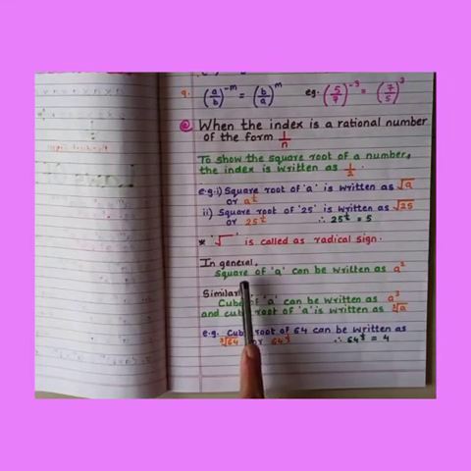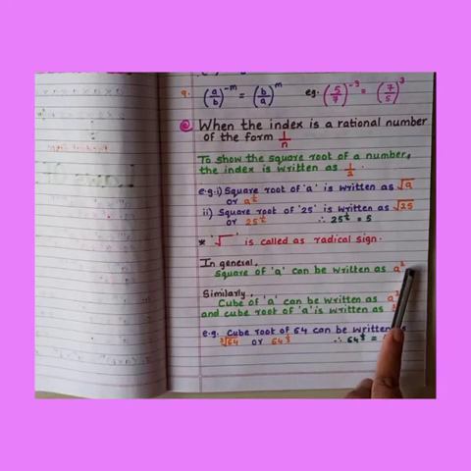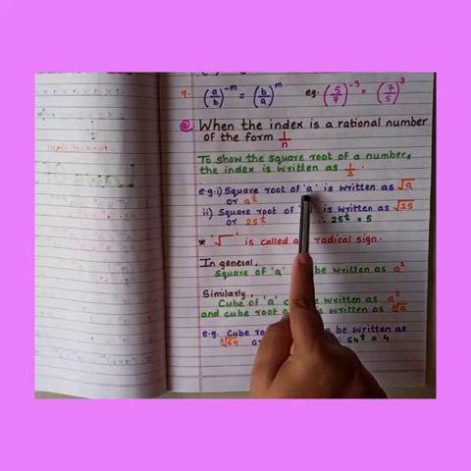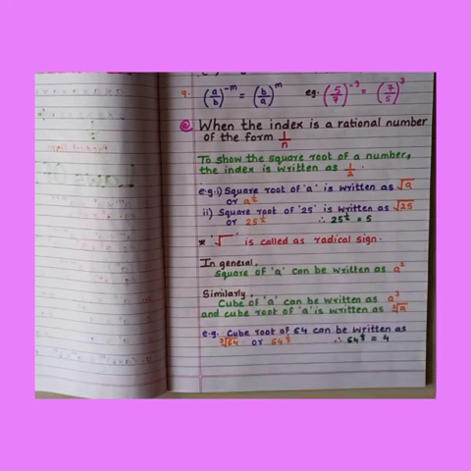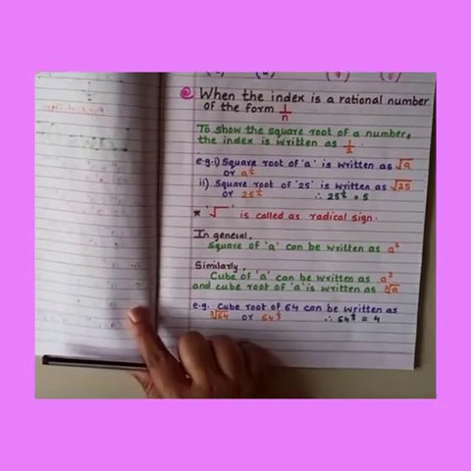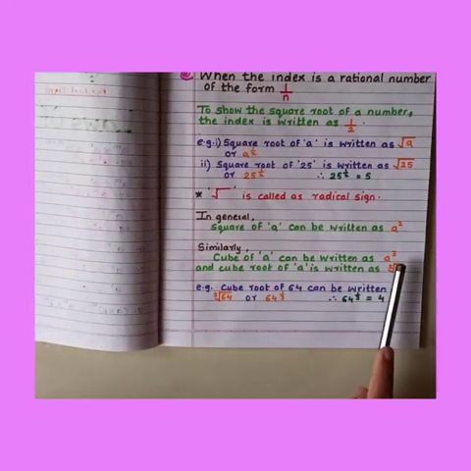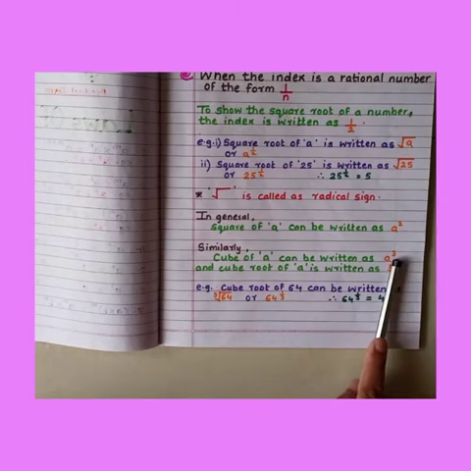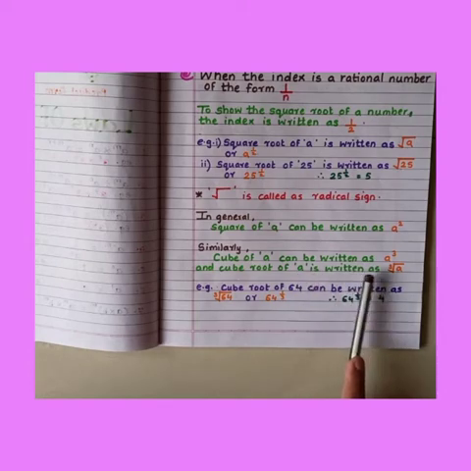In general, square of a can be written as a square and square root of a is written as root a or a raised to 1 upon 2. Similarly, cube of a can be written as a cube and cube root of a is written as cube root a.